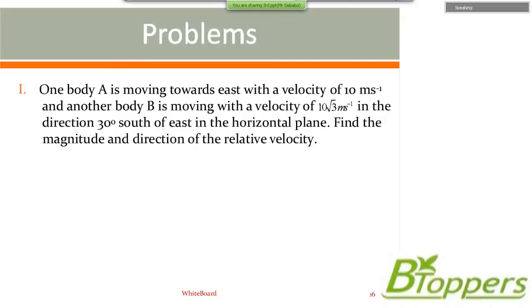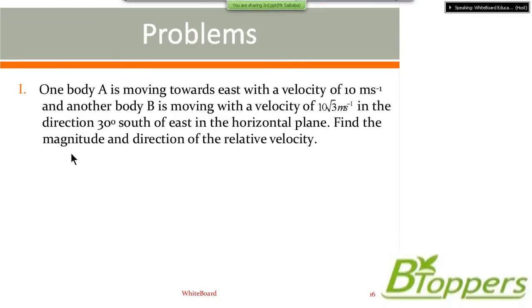One body capital A is moving towards east with a velocity of 10 meters per second, and another body capital B is moving with a velocity of 10 root 3 meters per second in the direction 30 degrees south of east in the horizontal plane.